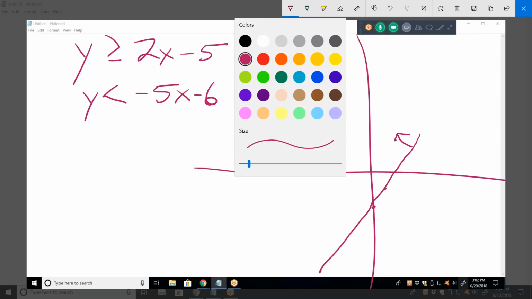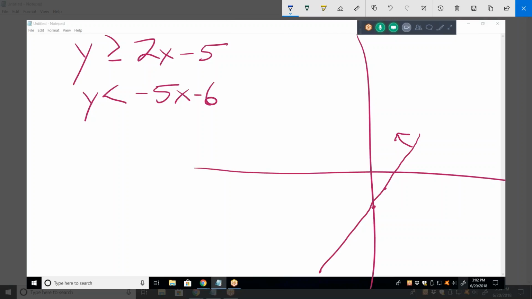Second line? The second line is going to go down 6. Then I'm going to go up 5 and to the left 1. Solid or dashed? This one will be a dashed line.